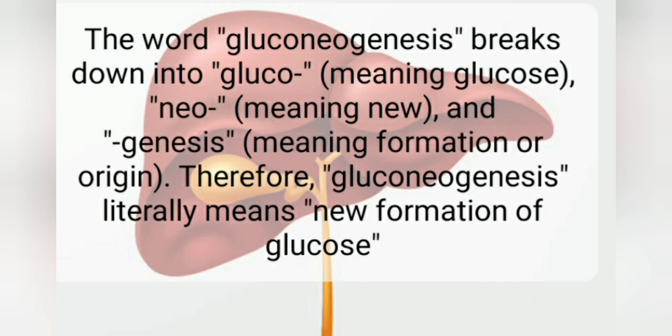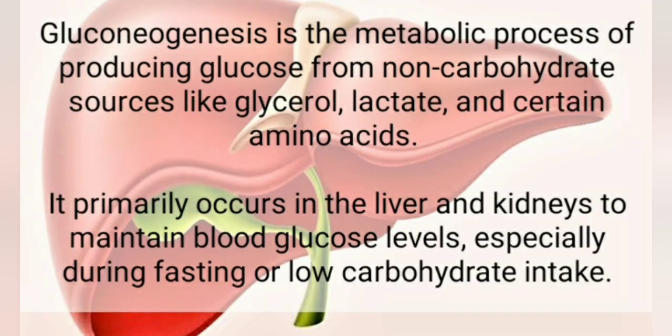Neo means new, and the suffix genesis means to generate, to synthesize. It means formation or origin. So in simpler words, gluconeogenesis means synthesis of new molecules of glucose from non-carbohydrate sources such as proteins or fats.